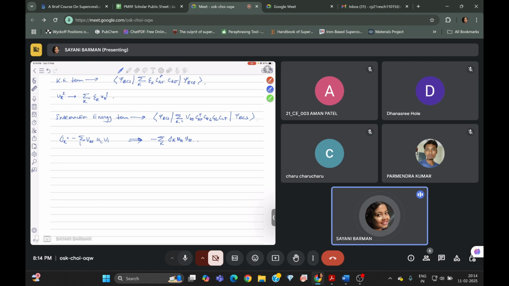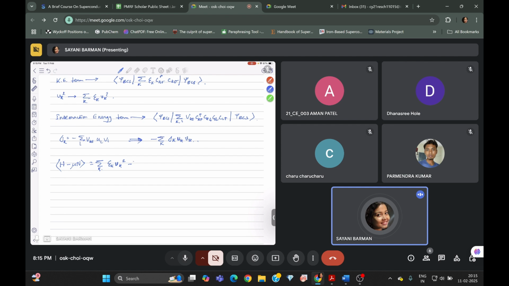Right. Now the total energy expectation value will be, this won't be L, just this.